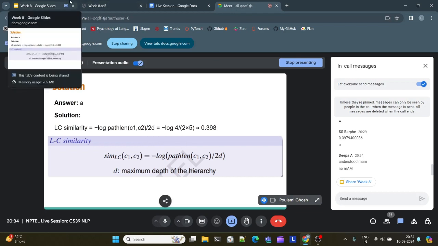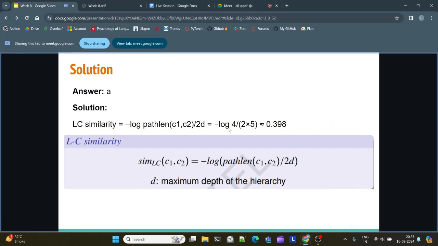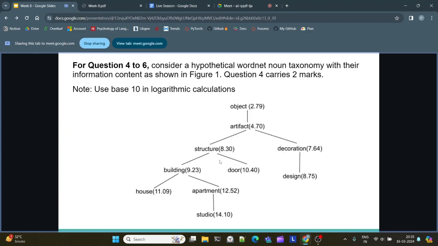Excuse me, ma'am. Actually, I missed the part where that 4 came from. Okay, so you have to compute the path length between the two concepts. The two concepts here are building and design. If you look in the graph, building is here, design is here.